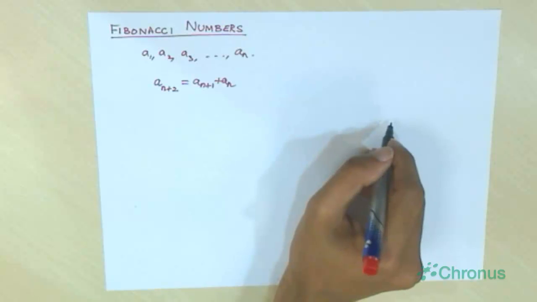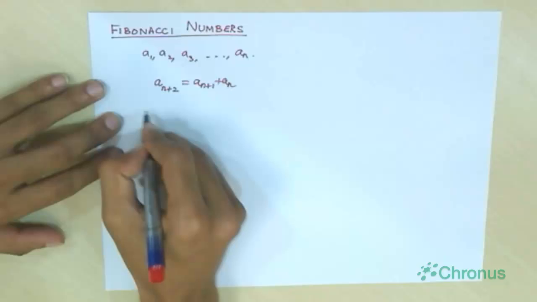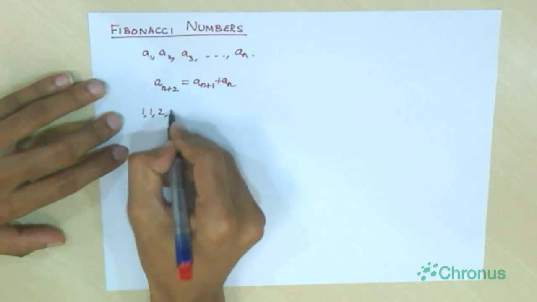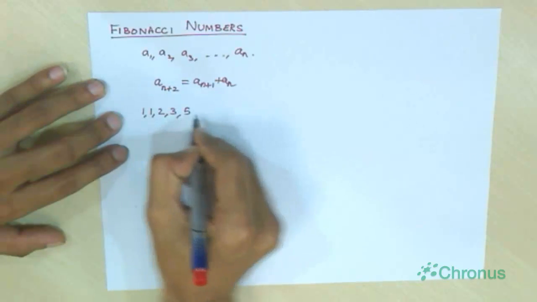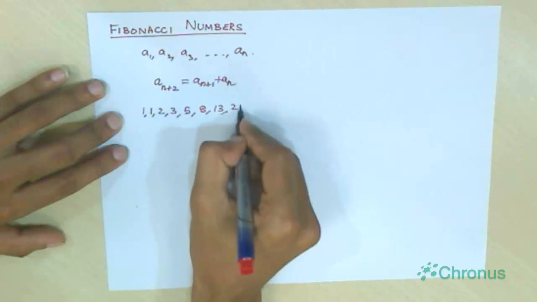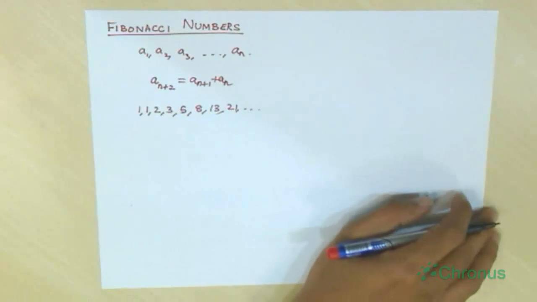An example of a Fibonacci sequence is, let's say we start with 1, 1. Sum of these two is 2, sum of these two is 3, sum of these two 5, and then 8, sum of 5 and 8, 13, and then 21, so on. This is an example of a Fibonacci sequence.